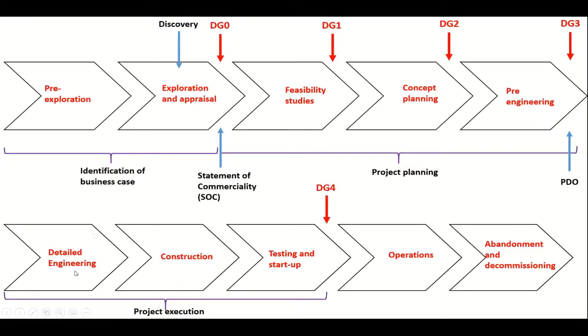The execution and construction may be something between 3 and 6 years. Project planning usually happens in 2 to 4 years, and the exploration and the identification of the business case can take quite a long time, but usually it's also done in a short time.